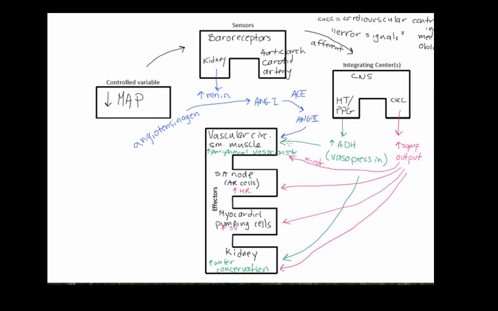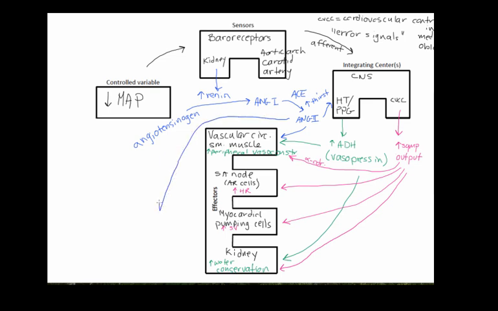So if you guys recall, angiotensin 2 is on your list of vasoconstrictors, so it also causes increased peripheral vasoconstriction. It also has receptors in the hypothalamus, where it also causes increased ADH release and also increased thirst, because that would be a great way to restore homeostasis if you've lost some fluid, is to drink and get fluid back. The third place that we're going to talk about receptors for angiotensin 2 is in the adrenal cortex, which I guess is going to go over here.